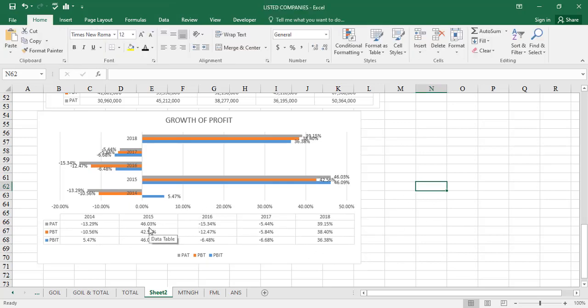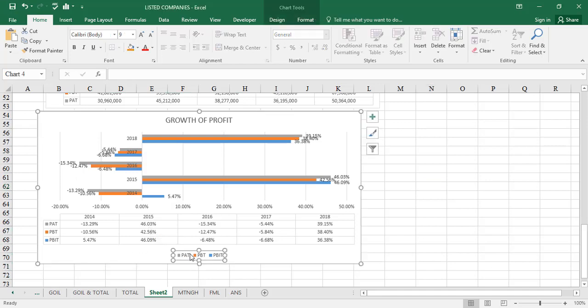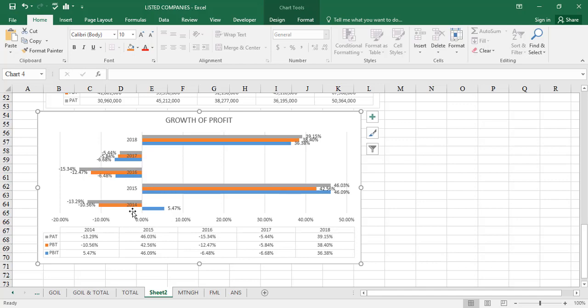So as we can see from the chart above, in 2014 the company's profit after tax declined by 13.29%. The same applies to the profit before tax, with profits before interest and tax increasing by just about 5.47%. That is for 2014.